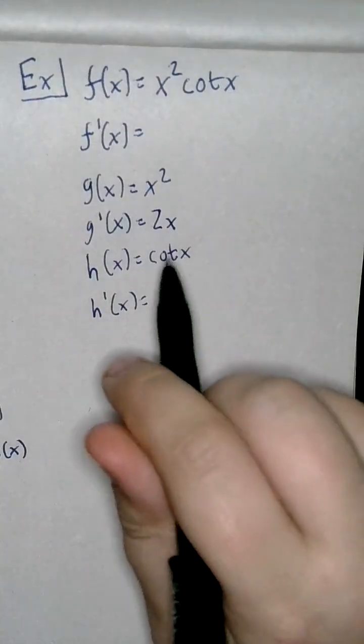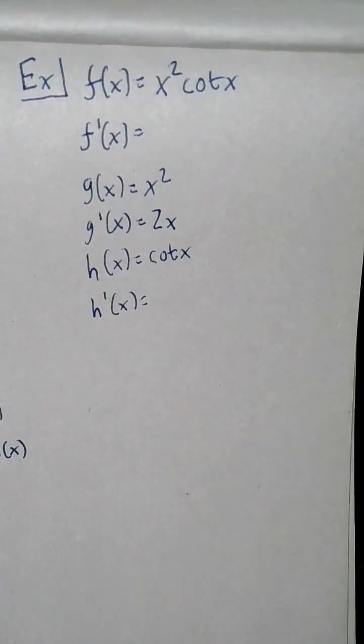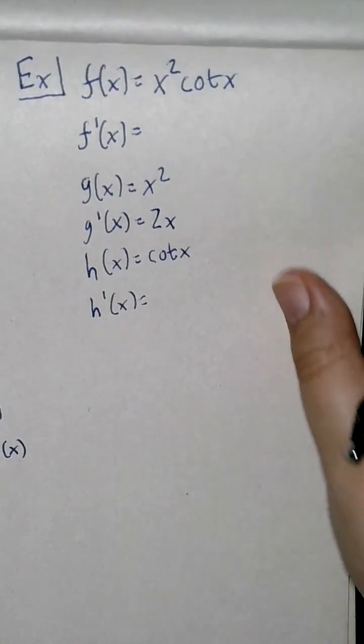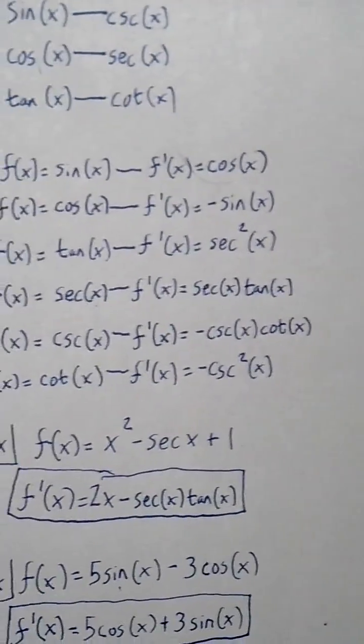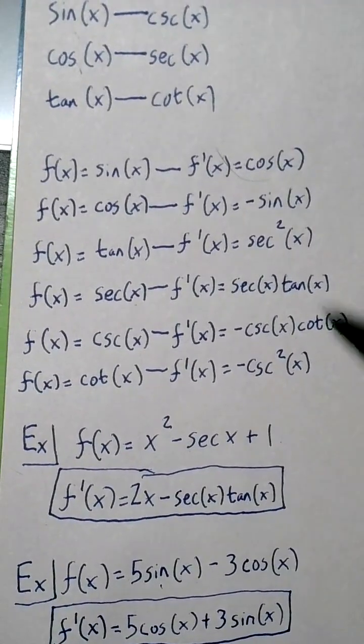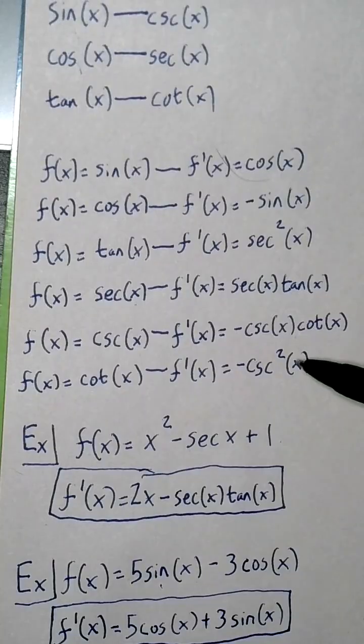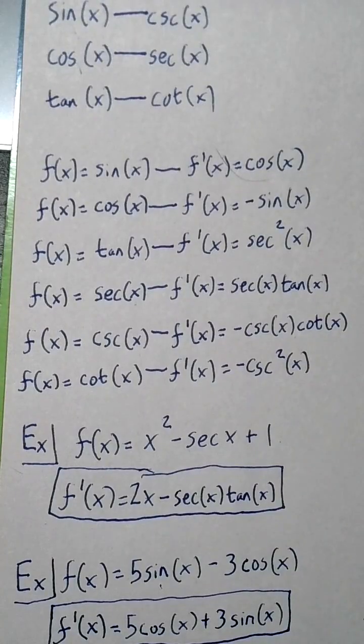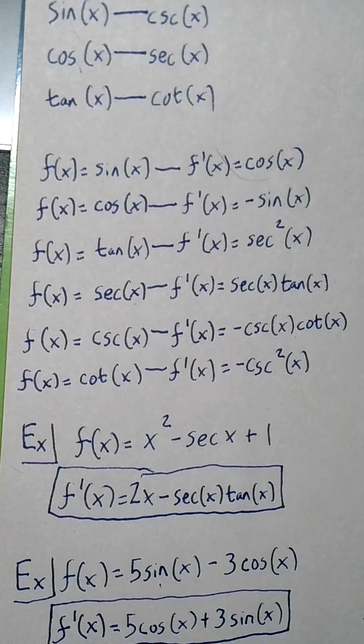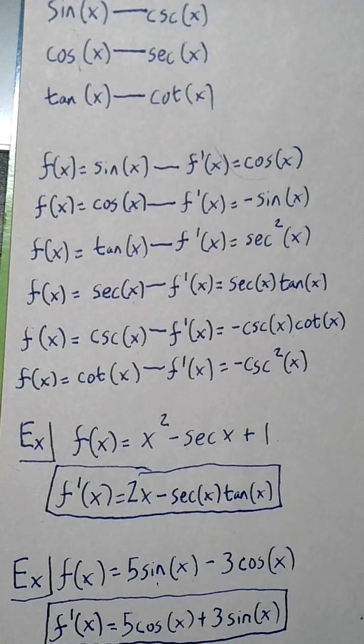Now, what about the derivative of cotangent? Well, let's go ahead and go back here. Of these 6, which of these 6 is the derivative of cotangent? Brand says negative cosecant squared. Jolie says 1 over cotangent.